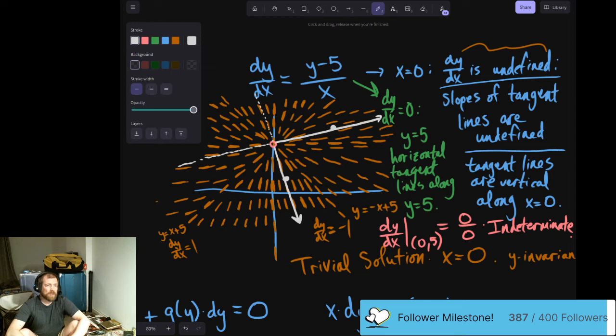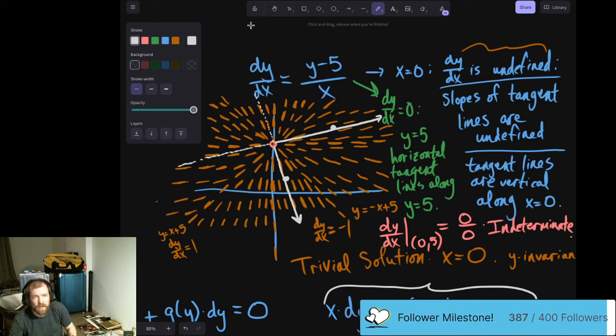So there was something that we lost along the way, which was that the original equation had a problem point at 0, 5. You know what? The original equation did not actually have a problem point at 0, 5. It was our formulation that had a problem. So our original differential equation was this thing here.